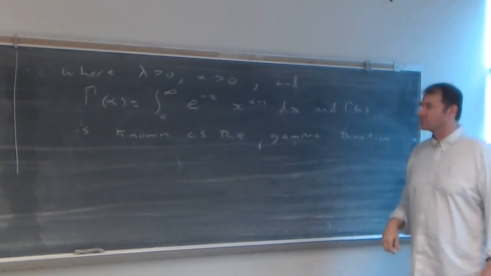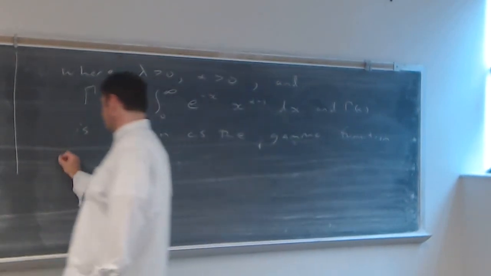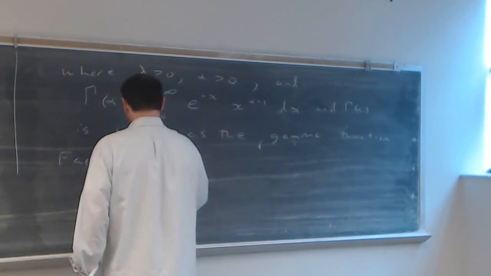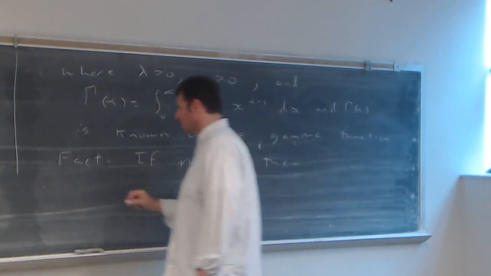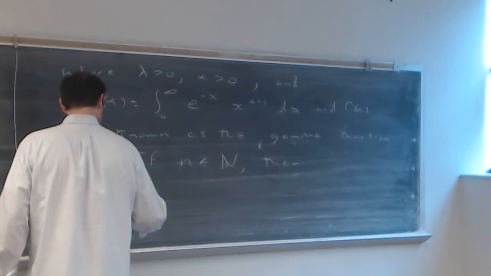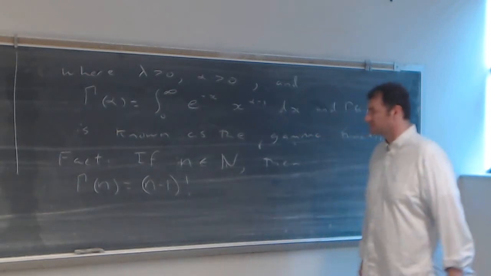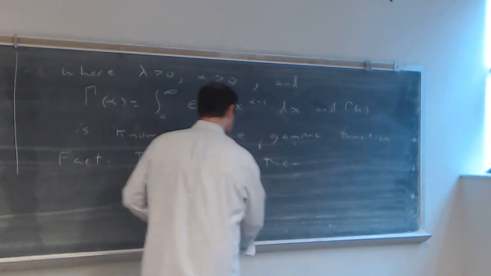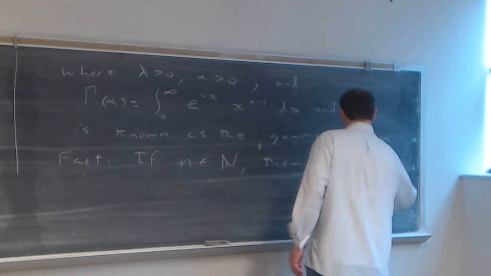The first thing is I'm going to list a fact and then leave it to you to prove. Okay? So here's a fact. And it'll be in the next homework assignment. It says that if n is a natural number, then gamma of n is equal to n minus 1 factorial. Let me write this down here. n minus 1 factorial.